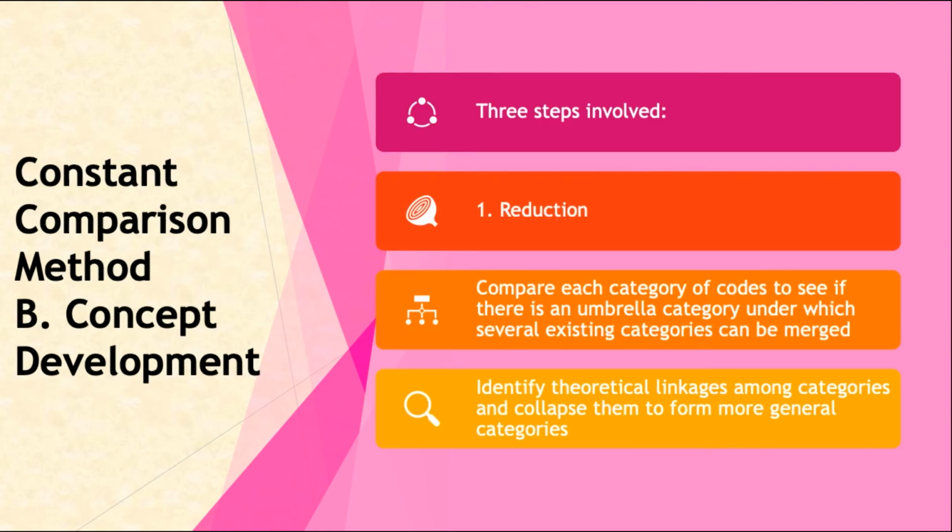So after you have done your coding and put them under one umbrella or cluster as a category, we come to concept development. There are 3 steps involved. First, reduction, and here reduction means that we reduce, right? Maybe you can generate 100 codes, 200 codes, which is a lot.